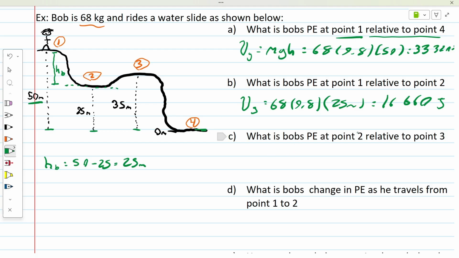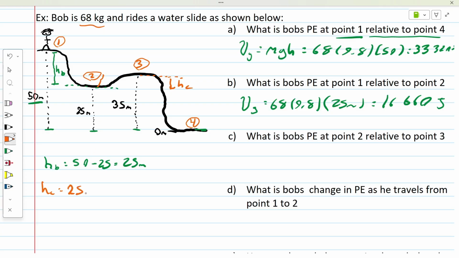So he's at point 2 now, but we want to know the potential energy at point 2 relative to point 3. So now we're making point 3 the reference. So we need to know this height to get from point 2 to point 3, right? So if we want height C, then we can do the initial height that they're at minus the reference height.